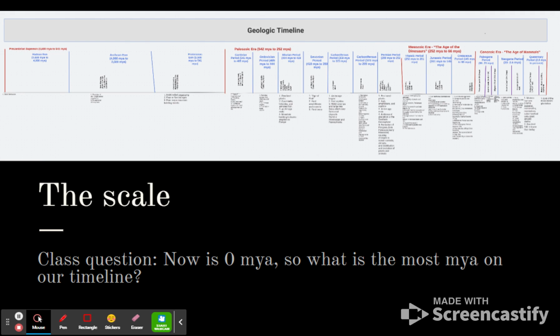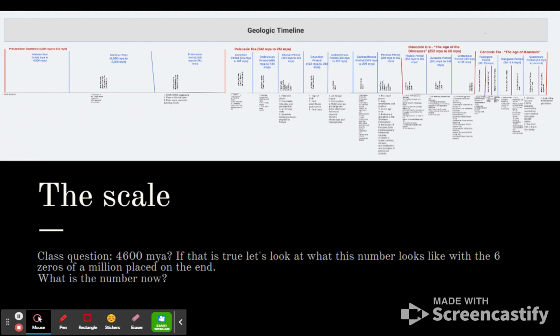Write this, please. Fill this out. 4,600 MYA. Yes, 4,600 MYA is 4,600 million years ago. It's also 4,600,000,000 years ago, based off our understanding of what MYA stands for. So you had the second part of my question that I was going to ask.